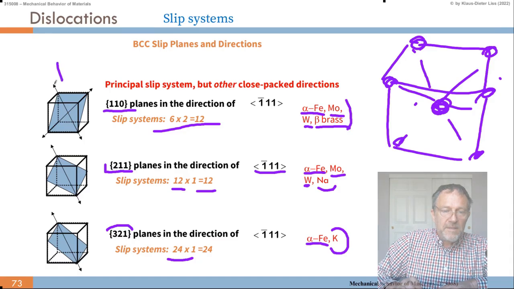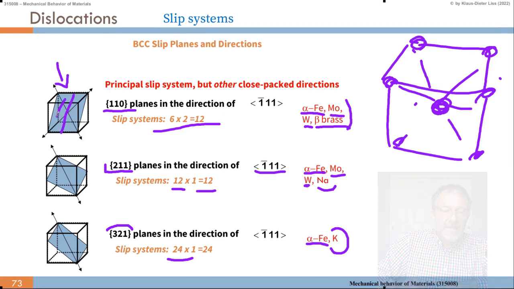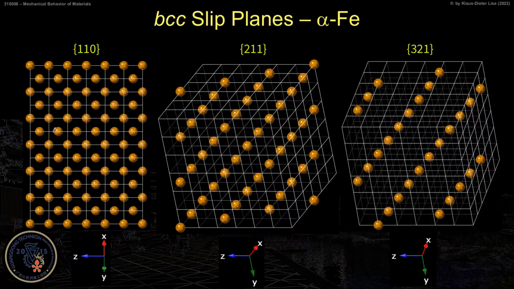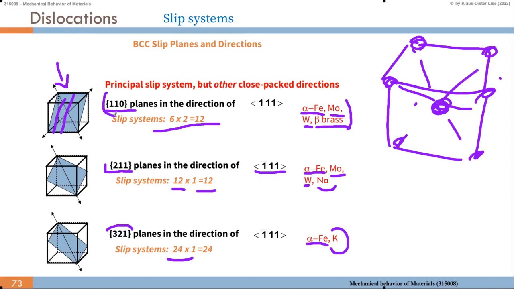Maybe it's difficult to imagine these close-packed lines, these dense lines in the lattices on these slip planes. So I've drawn here these 3 typical slip planes in the BCC system, for example in alpha iron. This is the 110 plane. So here we see the first one, this 110, and then the 211 and the 321.